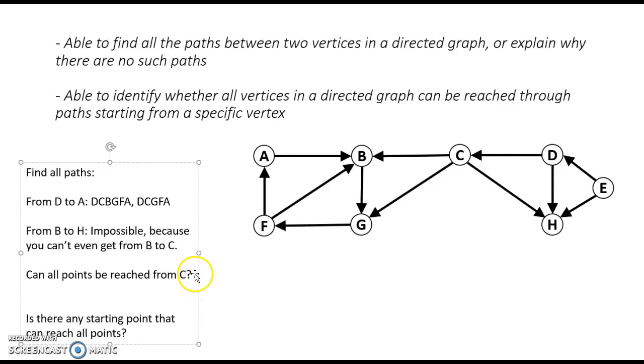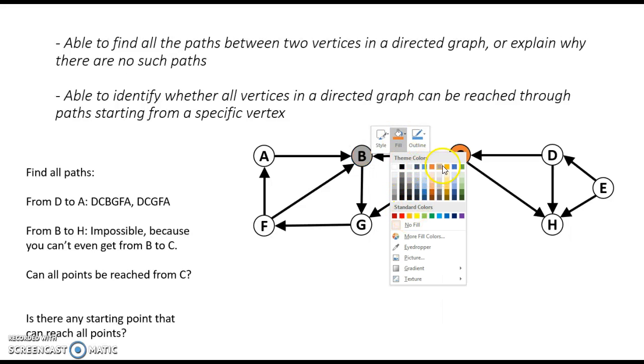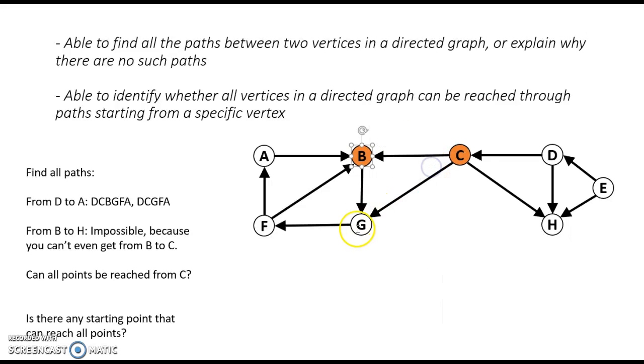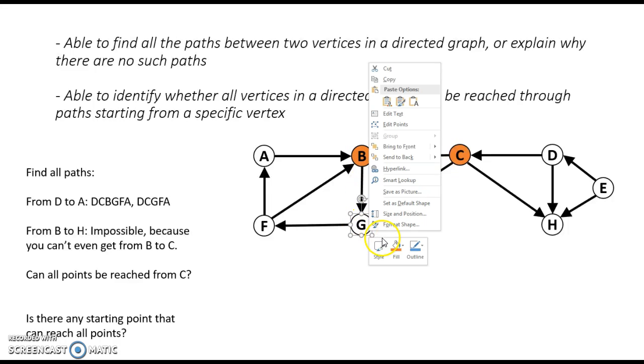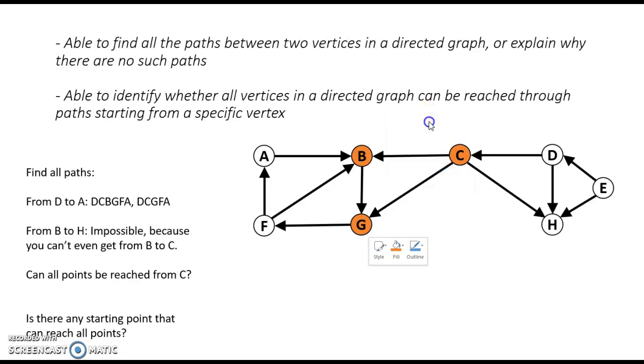Can all points be reached from C? Let's do this by some coloring here. So I'm going to color this orange. And let's just color all the points we can reach from C. So we'll include B here. From C or from B, either way we could get to G. Once we get to a point, we don't have to follow a specific path.